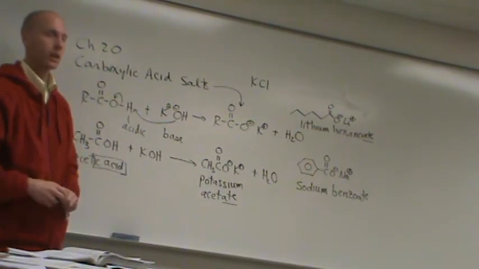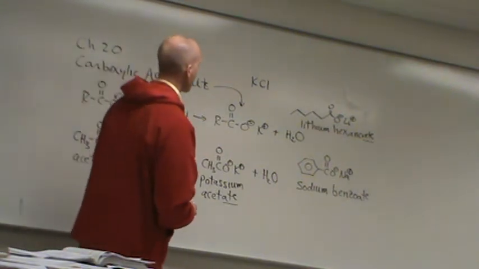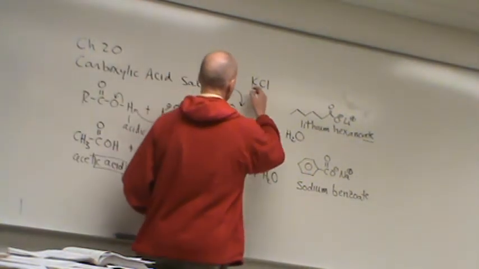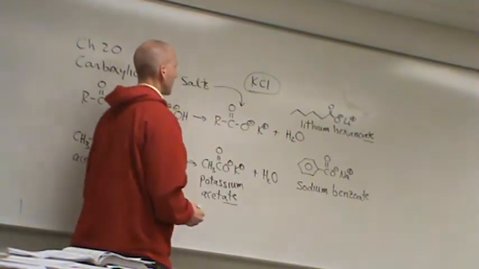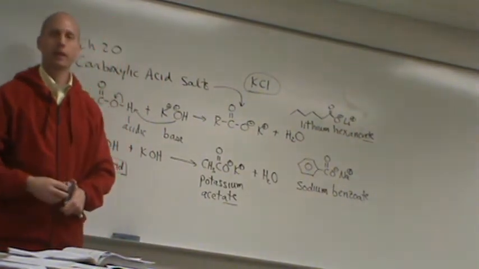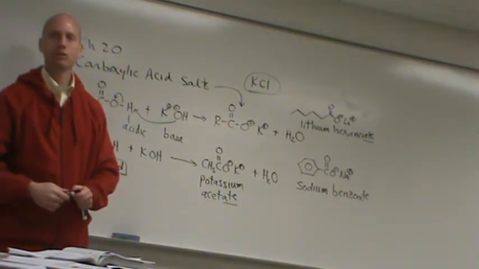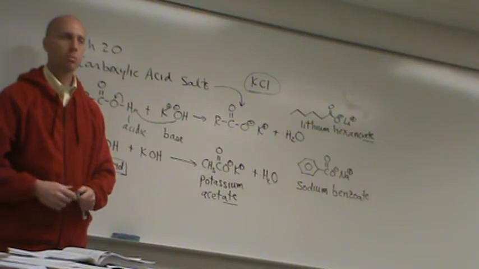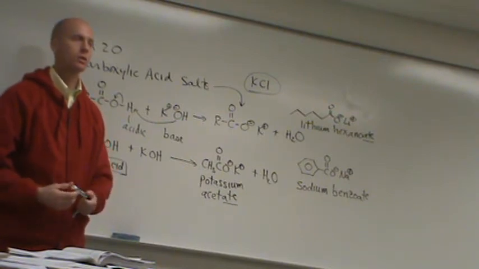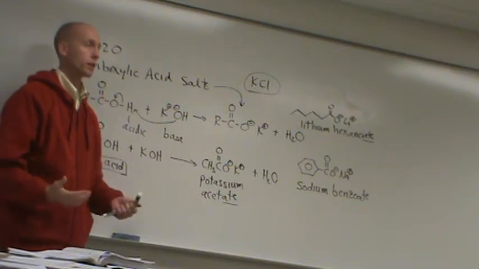The second thing to talk about is their properties. Come back and look at this salt, potassium chloride. What's one of the main properties of potassium chloride? Anybody, any ideas? When you put it into water, what happens? It dissolves. It dissolves nicely, doesn't it?